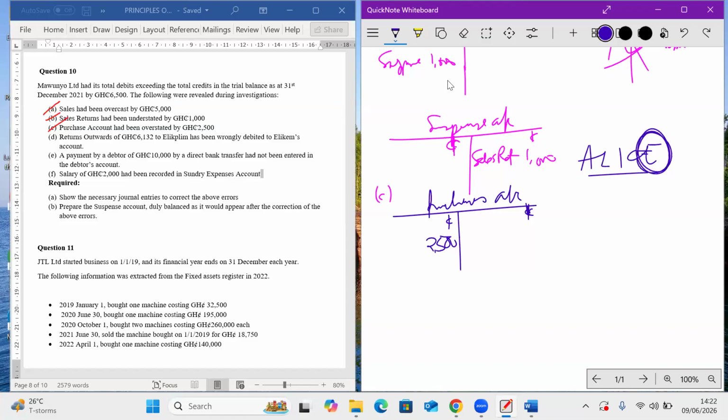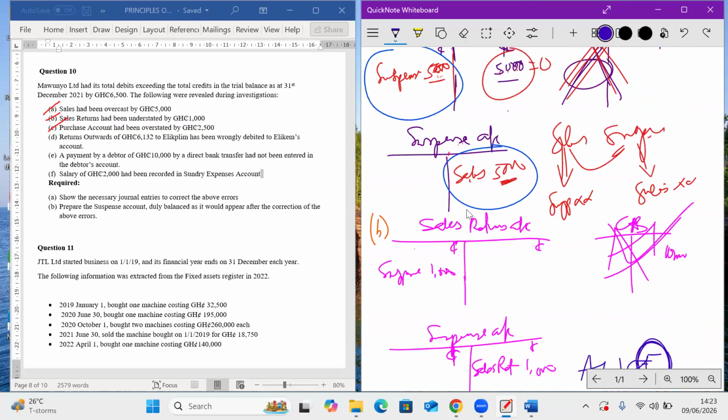So we have to record the figure. Then we will reverse it. Are you getting it? So purchases has been overstated. So this is how we are recording the error. We are recording the entries per the transaction. The transaction says that the purchase account has been overstated. So that is what we have done. Let's go to the next one.